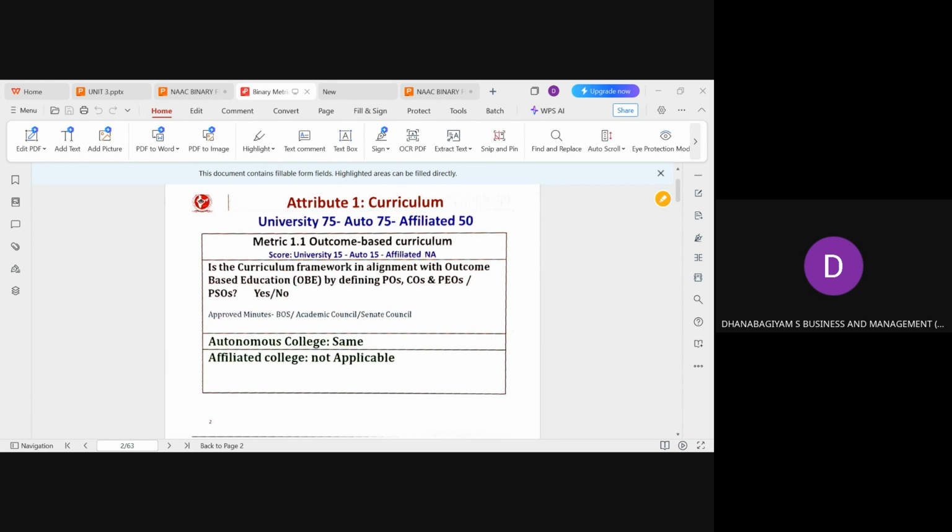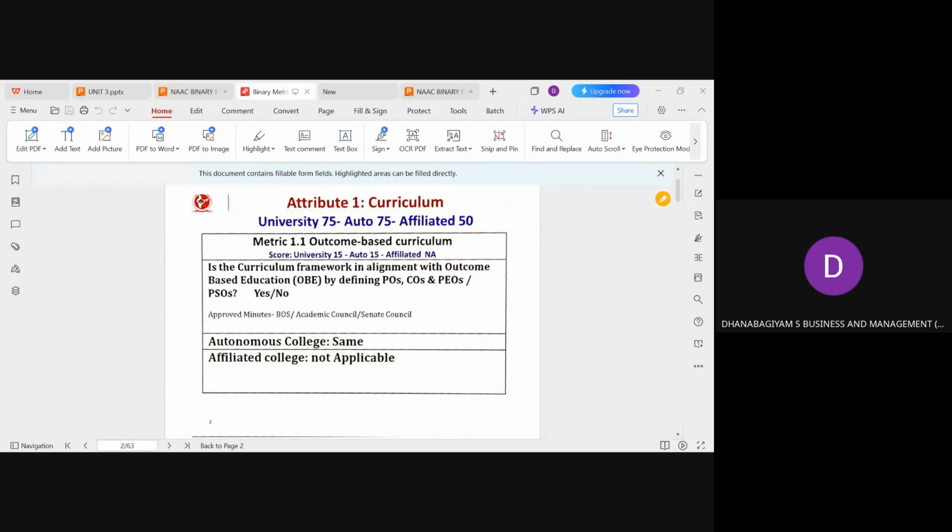So our program outcome should be very clearly aligned with our BBA, or BCom, or with the graduation level, and we have to clearly design our program outcomes.